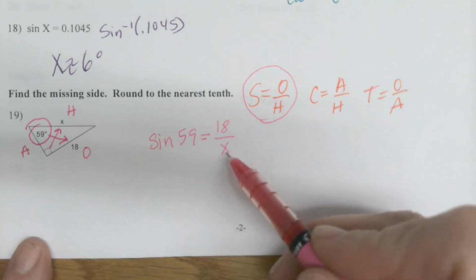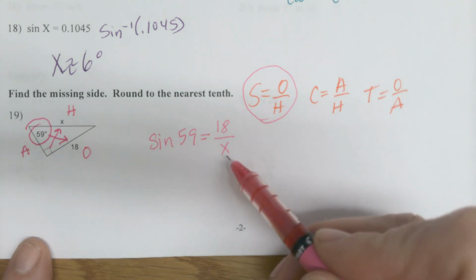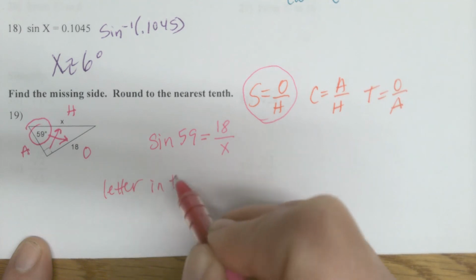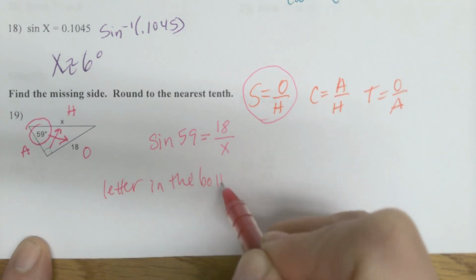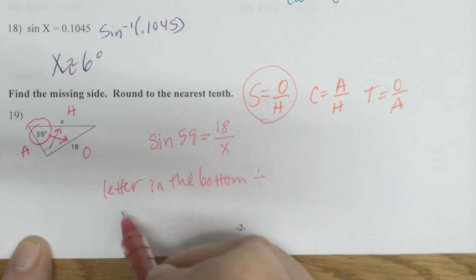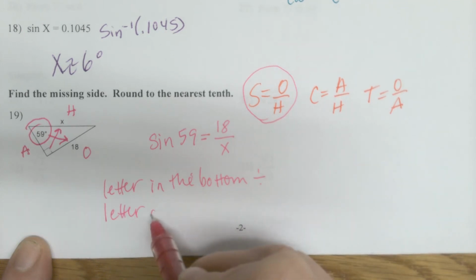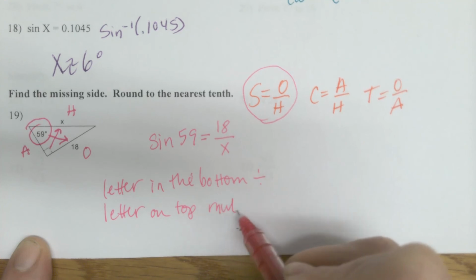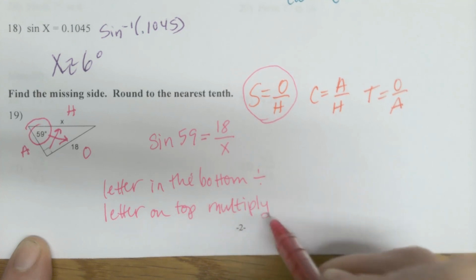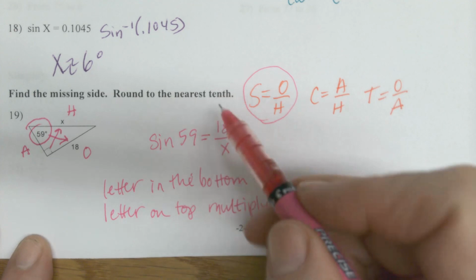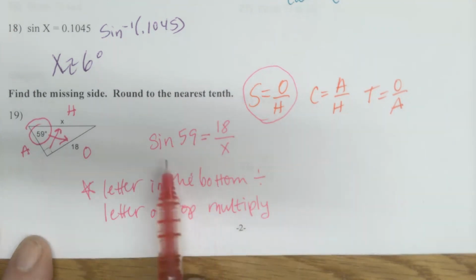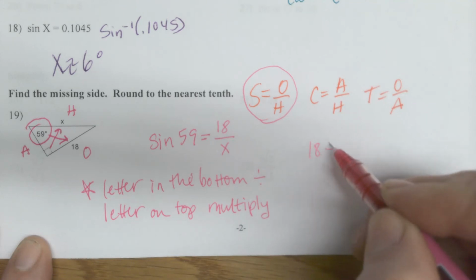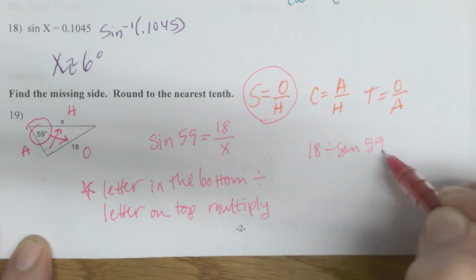If the letter is in the bottom, divide. If the letter is on top, multiply. Because the letter's in the bottom on this one, I'm going to take 18 divided by the sine of 59.